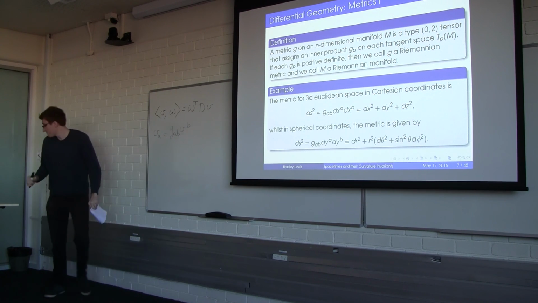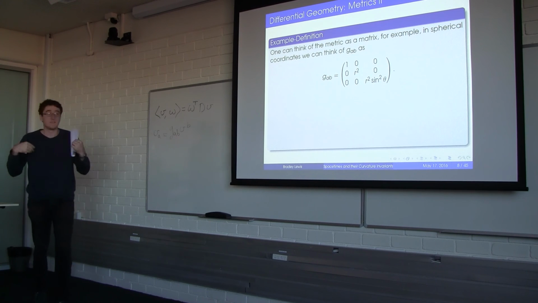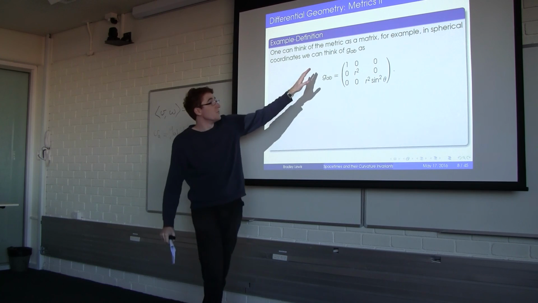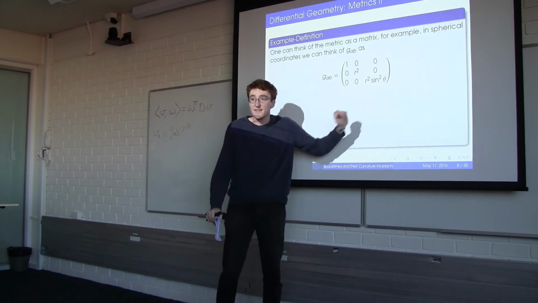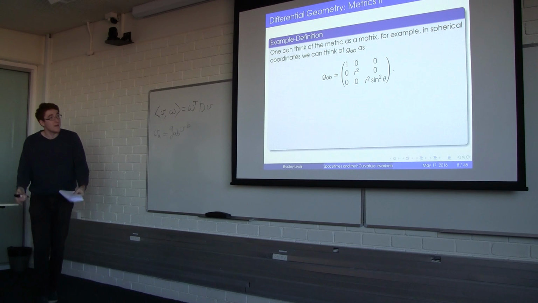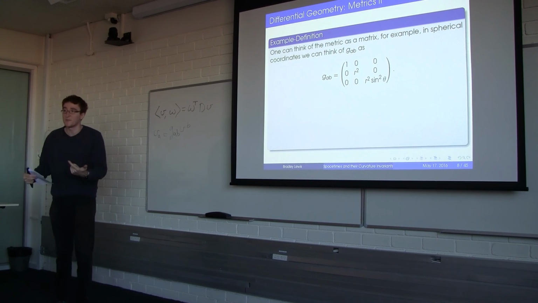Okay, and as already previously mentioned, we can think of the metric as a matrix. And so we can rewrite the metric in spherical coordinates like this. When we think of it as a matrix, we can quite easily consider what the inverse metric would be.